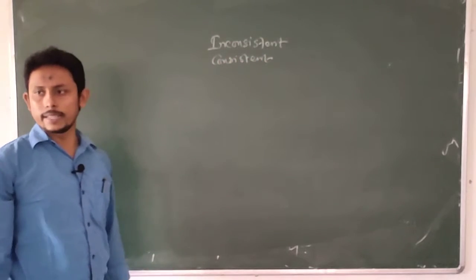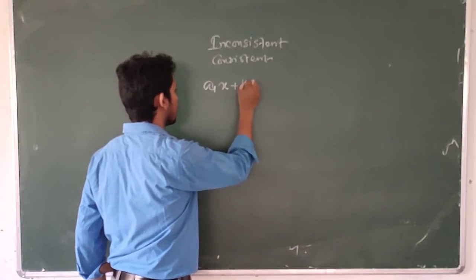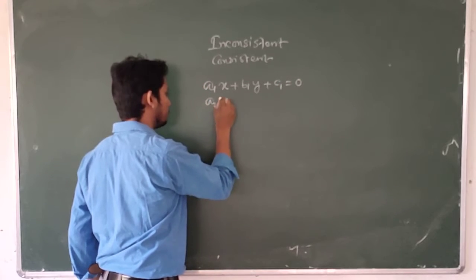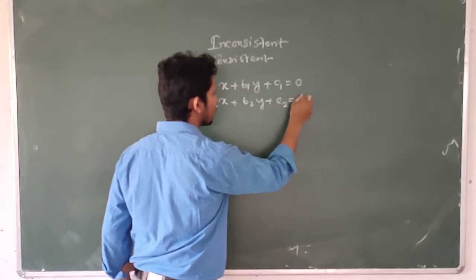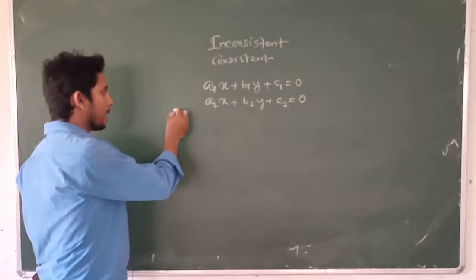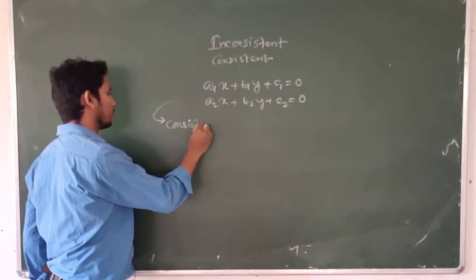So where it was inconsistent, consistent, if two equations are there, a1x plus b1y plus c1 equals to 0, a2x plus b2y plus c2 equals to 0, then the consistent has two equations. Actually consistent, that means what?